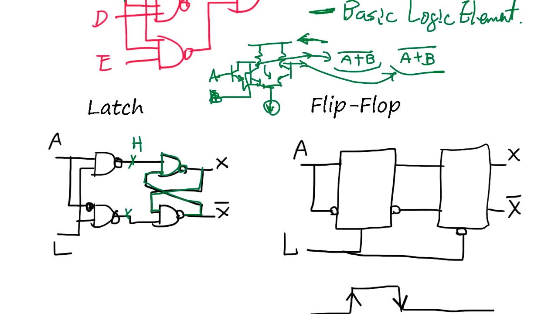If this is low, this is going to be high, and this is high. Both are high, this goes low. So it stays that way. If this is high, so the high is going to be low, and it's low, so it's going to be high. Then it stays. So this kind of feedback has two different states, either high or low, depending.